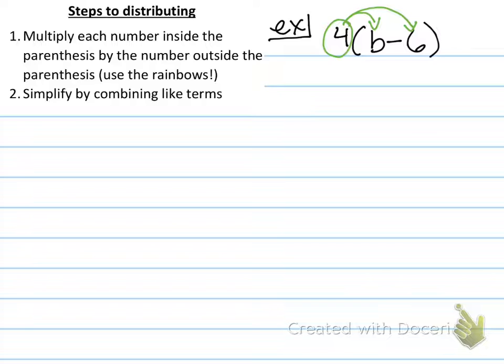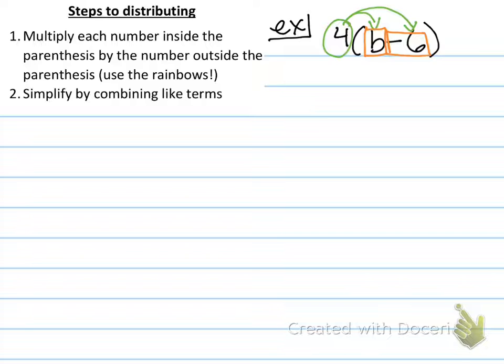And we can see that we have this term B, and this term right here, this -6. We have to remember that whatever sign is in front of a number, it goes with that number or term. So because there was a subtraction sign or a negative sign in front of the 6, that is going to go with the 6.